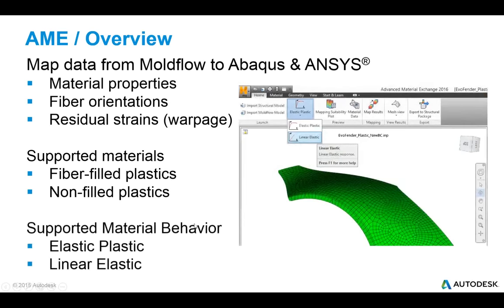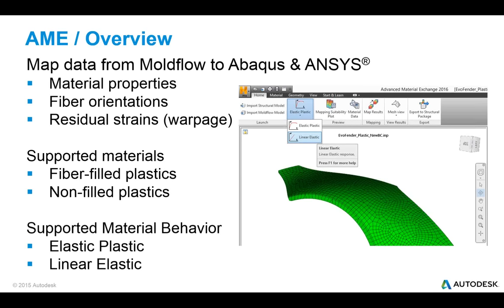And we've also added new material behavior. Originally we had elastic plastic material behavior, and we added linear elastic material behavior as well. This is really powerful because the most common thing that we see when we introduce Advanced Material Exchange to customers is they don't have the required nonlinear material data to run an elastic plastic analysis.